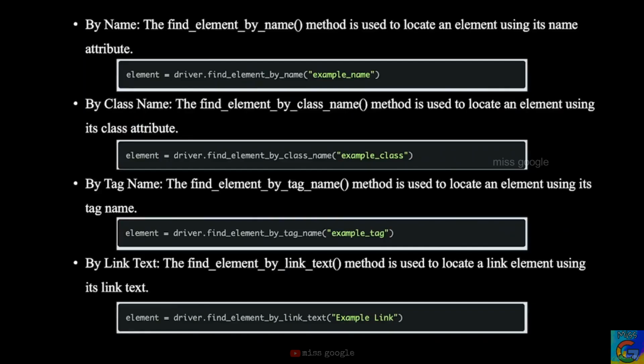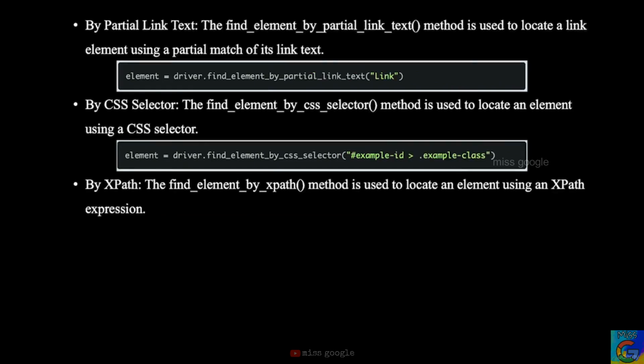I think we covered that. By class name is pretty self-explanatory and clear. By partial link text, so find element by partial link text, this method is used to locate a link element using a partial match of its link text. Now this is also case sensitive, but it doesn't have to be the full link text.